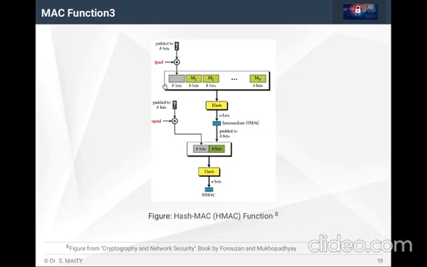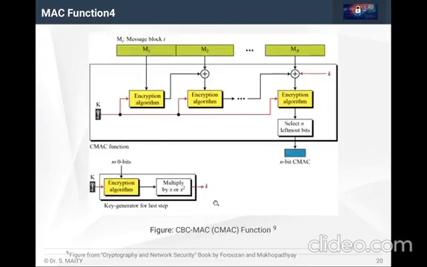Then we calculate the digest, which is the intermediate output, and concatenate it with another block, which is the XOR of the shared secret key and another constant string called output pad. Then the final digest is called the MAC, the hash MAC.